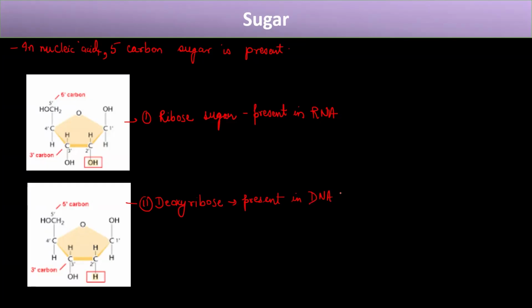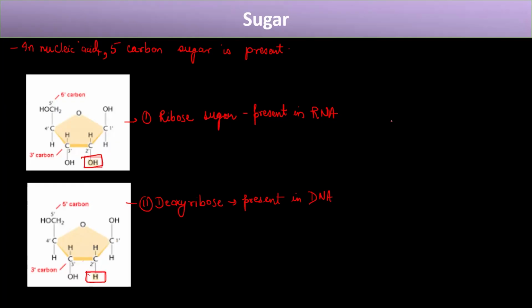Okay. Now, if you look at their structure, what difference can we see in the case of ribose and deoxyribose? The difference that we can see is clearly marked here, and the difference is this 2' OH. So 2' is at carbon position 2 of this ring.